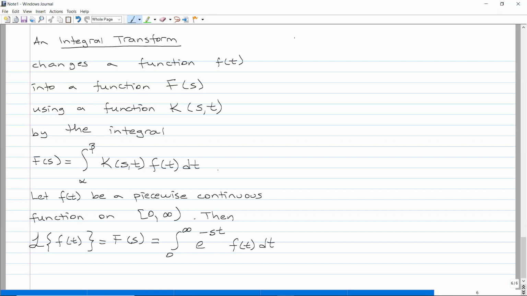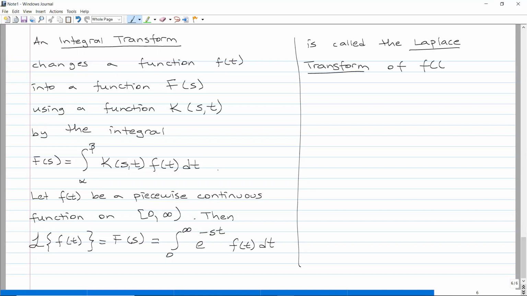So this function is called the Laplace transform of the function f of t.